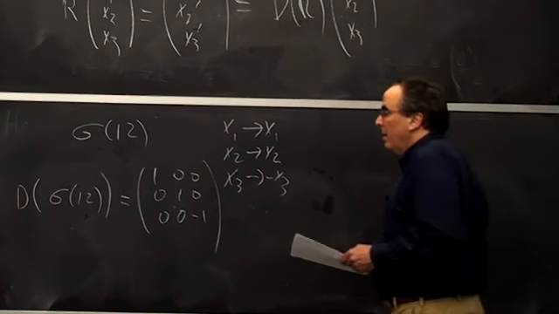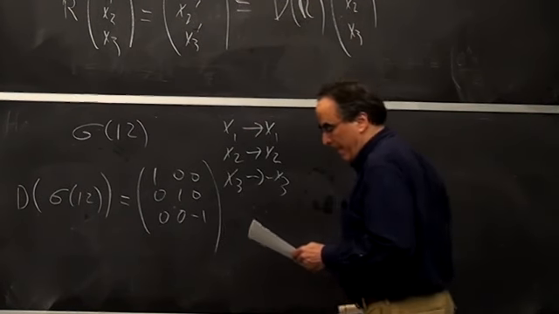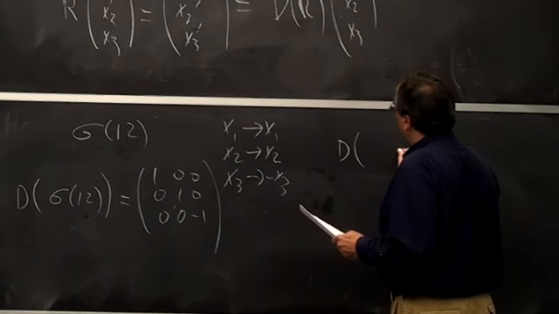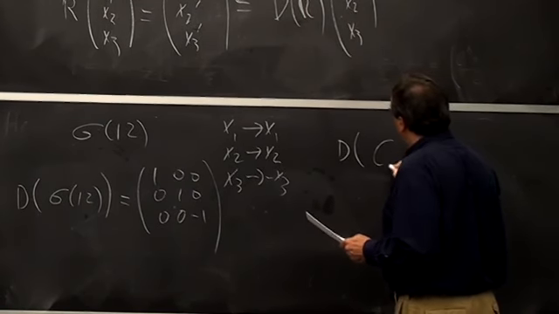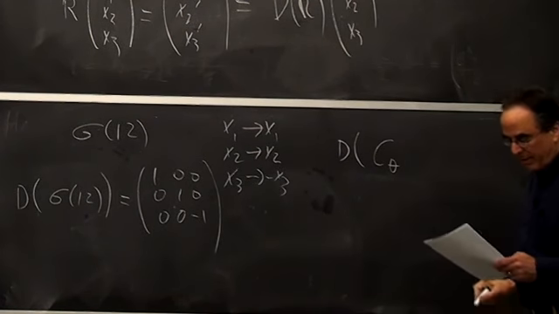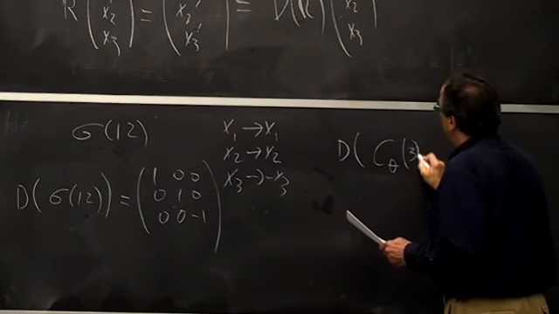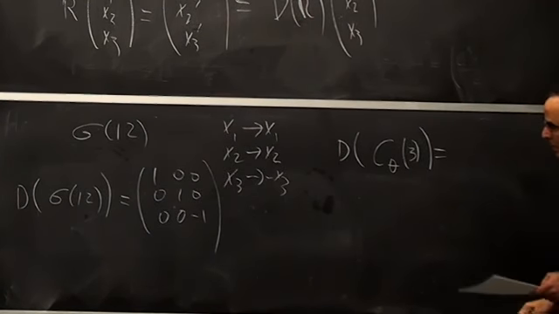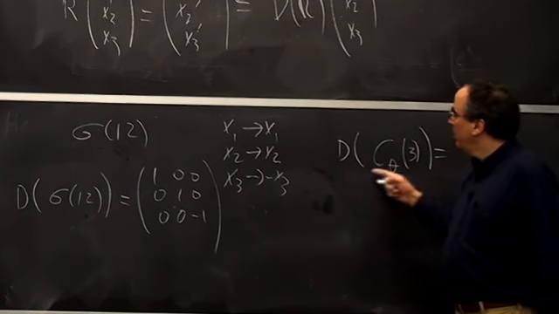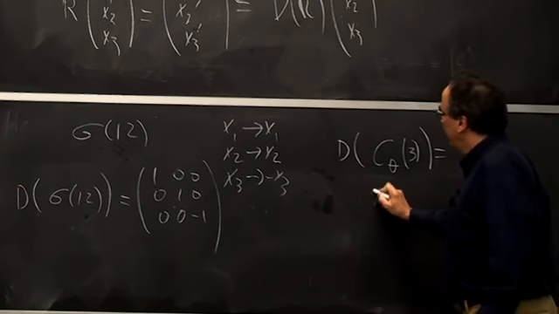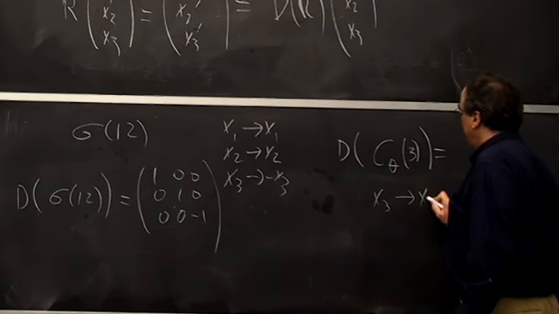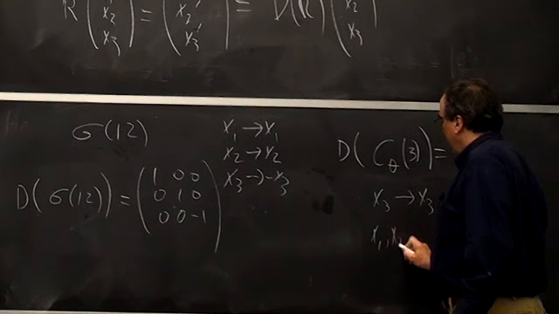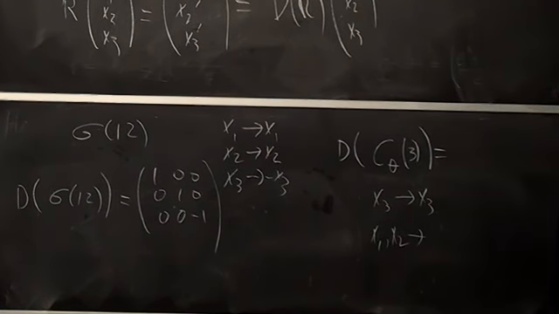And we could also work out, suppose we have a rotation by theta about the x3 axis. So what would that do? Well, if we rotate about the x3 axis, x3 goes into x3, but x1 and x2 get mixed up.